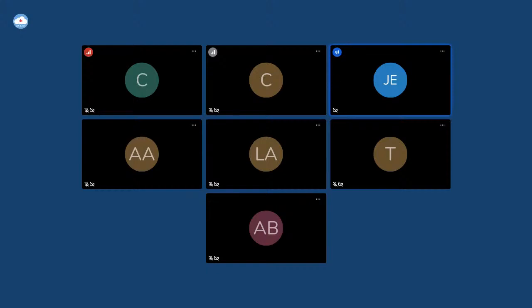Pharmacokinetics. Let's see whether we can find something. Pharmacokinetics.